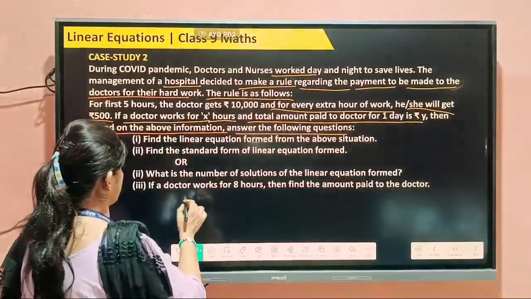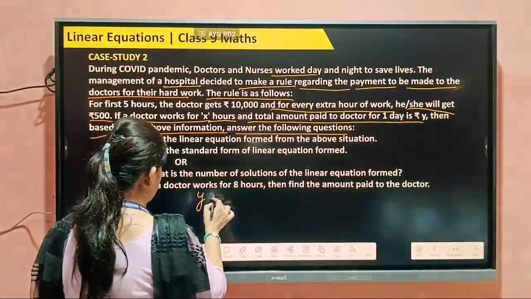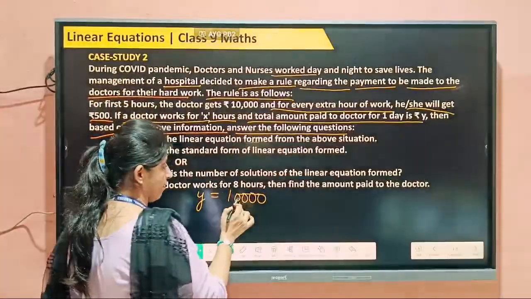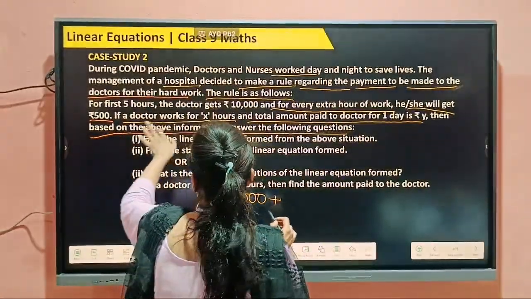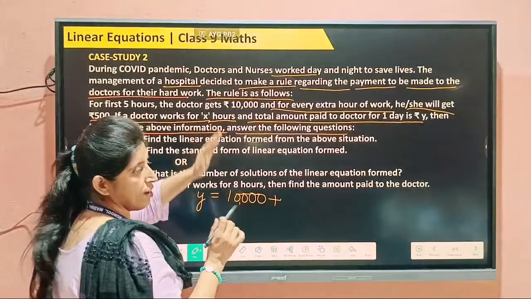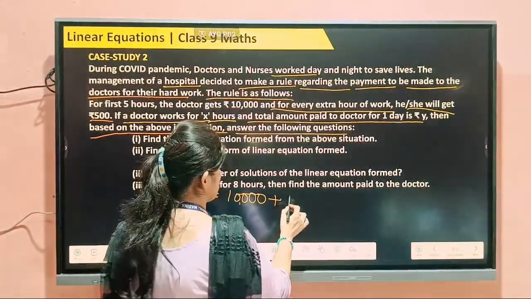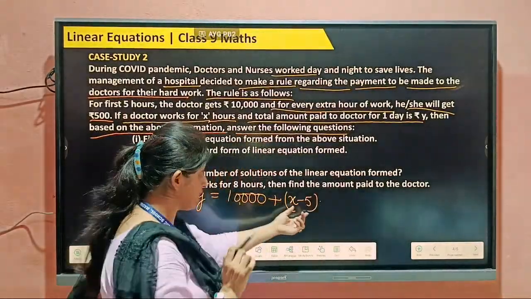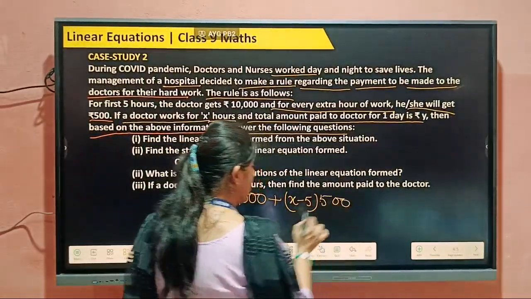What is the situation given? Y is the total pay for 1 day. That will be equal to 10,000 for 5 hours, meaning 10,000 they will always get, plus the total hours they are taking, X, and if we subtract 5 hours, the left hours they are getting, meaning X minus 5, and how much money will they get for the rest hours? 500. So we will multiply this by 500.